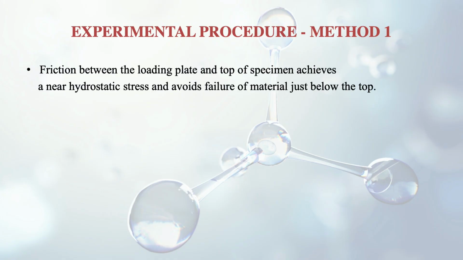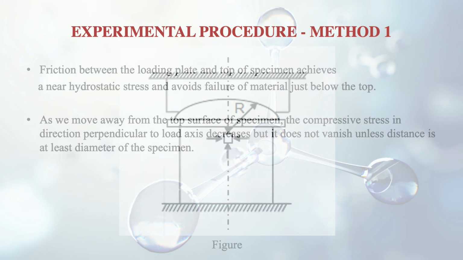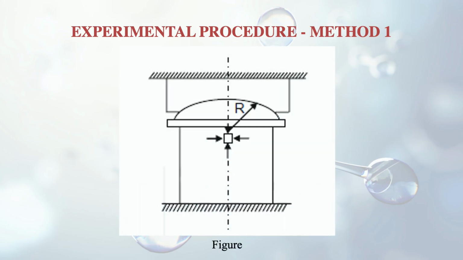Because of this hydrostatic stress, failure will not be there just below the top where the platen is touching the specimen. As we move away from the top surface of the specimen, the compressive stress in the direction perpendicular to the load axis, meaning the lateral direction, decreases. This is along the axis, and when we are putting the load from the lateral direction, it will be compressive stress.